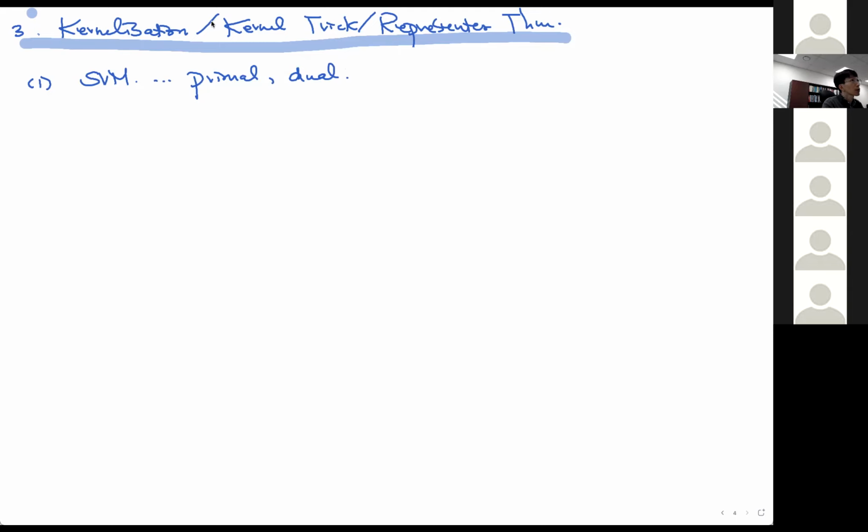And now let me write this dual formulation. The dual formulation solves the following optimization problem. Try to find the supremum over alpha, where it maximizes the sum of alphas minus some quadratic term involving alpha_i, alpha_j, y_i, y_j and the inner product of phi(x_i) and phi(x_j), subject to some conditions.